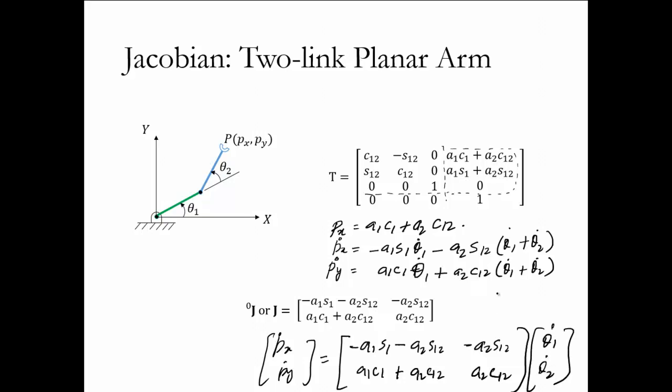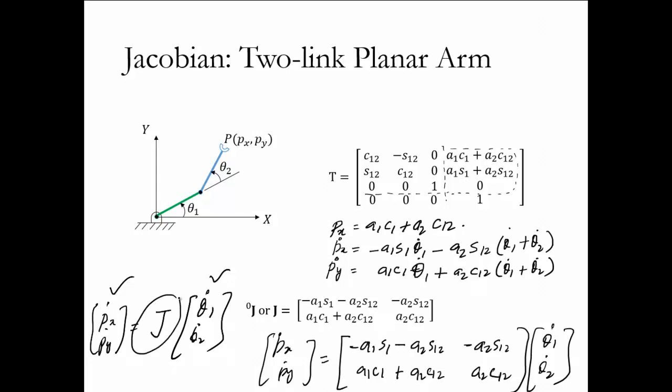I hope you are able to correlate this. So now we can say px dot py dot is equal to J times theta 1 dot theta 2 dot. So we have got the relation between end effector velocities and the joint velocities. That is the Jacobian, and the Jacobian here is this.